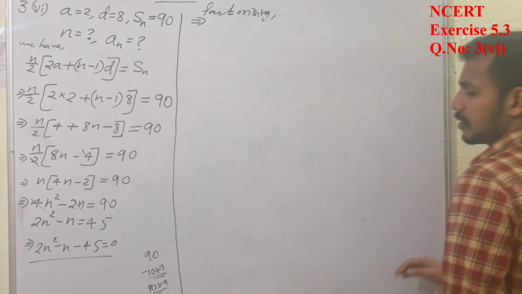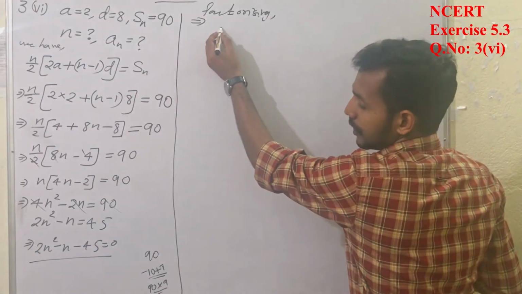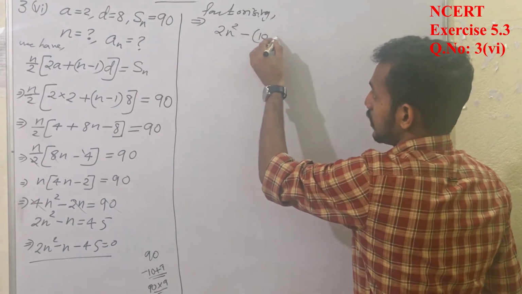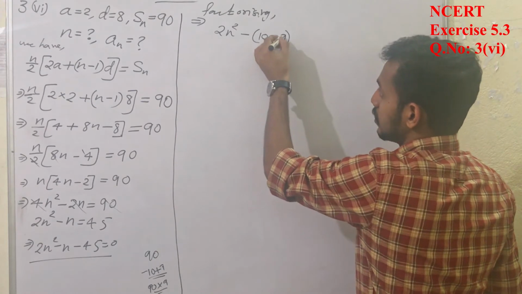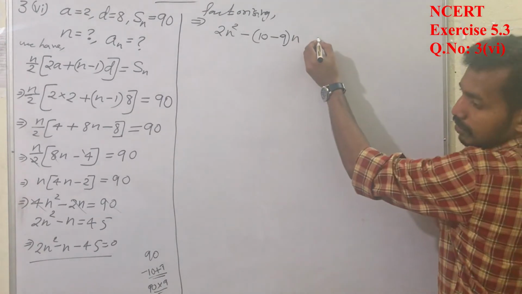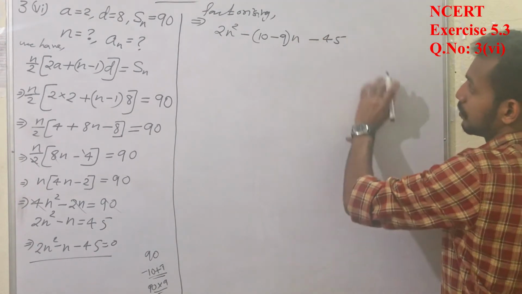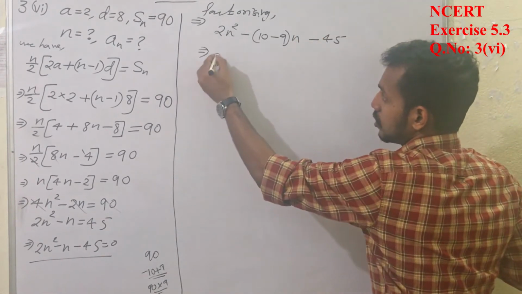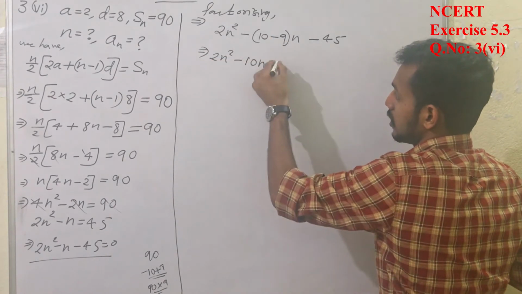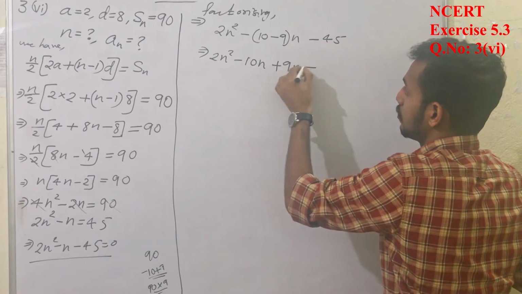So we can split the middle term: 2n square minus 10n plus 9n minus 45. Here 1 is the 1n. That implies 2n square minus 10n, minus of minus 9 will be plus 9n, minus 45.